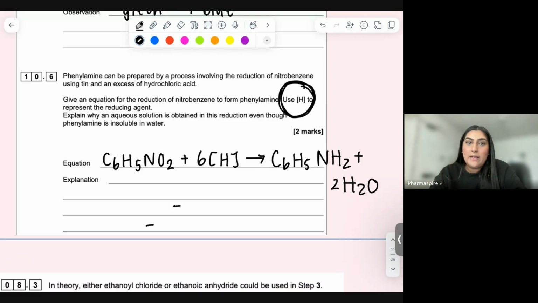Okay, what can ammonia become? An ion, what? A positive ion, what? NH4+. So you remember how you can see it as an ammonium salt or ionic salt. So that is the reason why. Your phenylamine can present as an ionic salt, and that's why it can form an aqueous solution, even though it's insoluble in water. Do you want me to write that down? Yeah, okay.